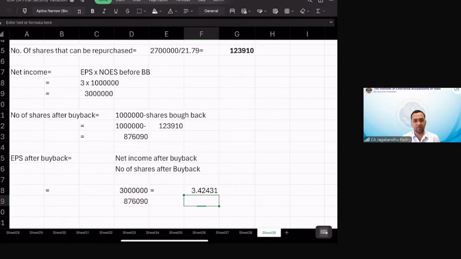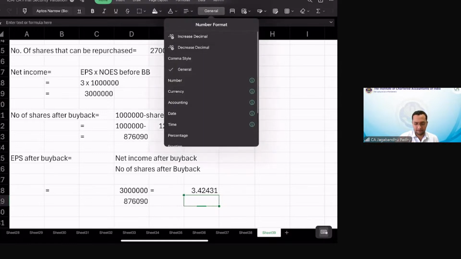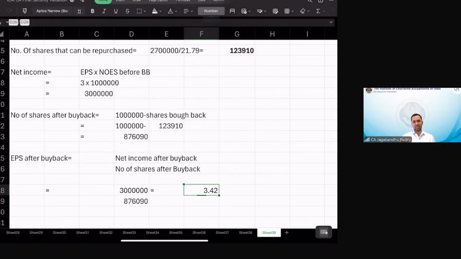So that's about 3.43. That will be the EPS after buyback.